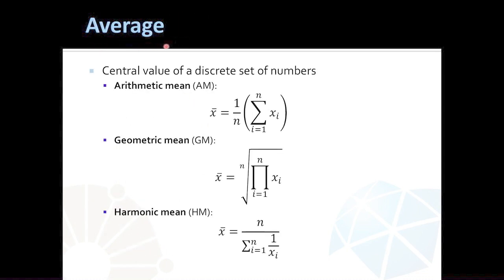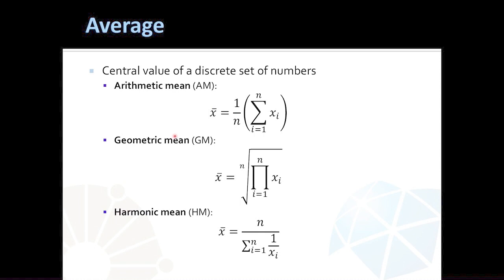The average is the concept related to finding the central value of a set of numbers. There are a number of ways to find the center based on different criteria. In the arithmetic mean, all instances in a particular dimension are added together and divided by the number of instances. The average of all instances in X is denoted X bar.